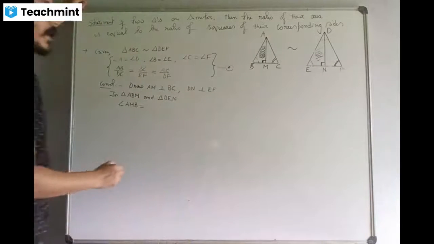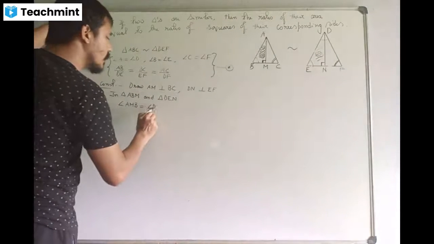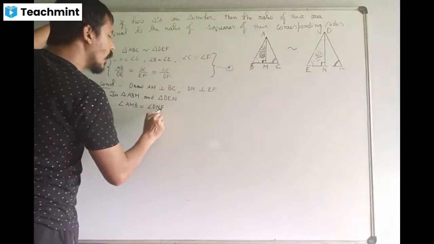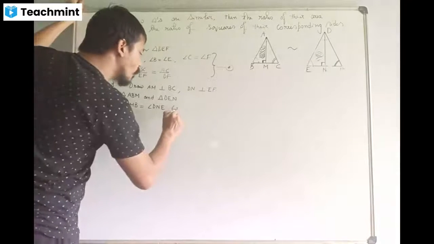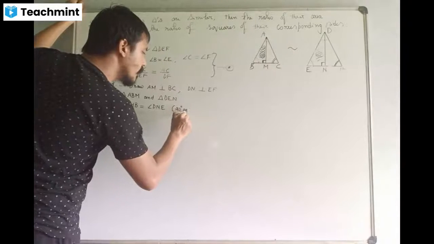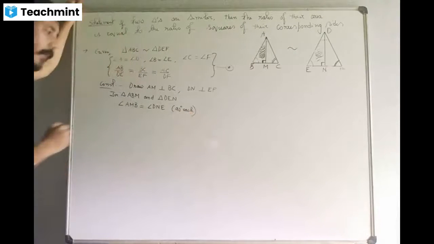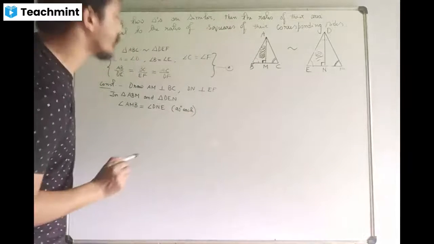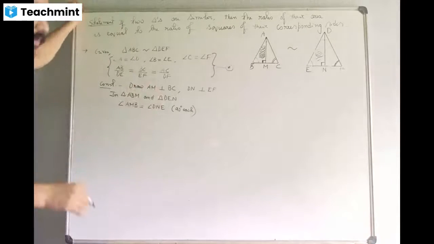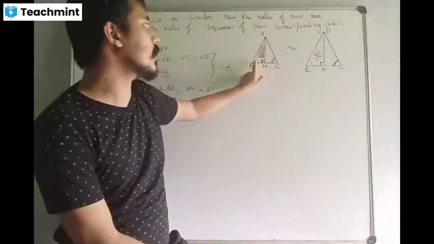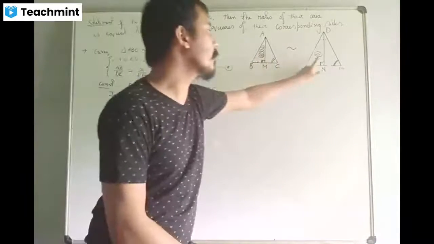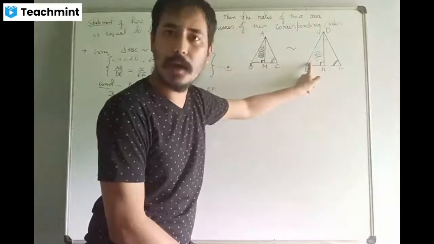So angle AMB is equal to angle DNE, because both of them are 90 degrees each. The next one: from this triangle angle B and from this triangle angle E, are they equal?